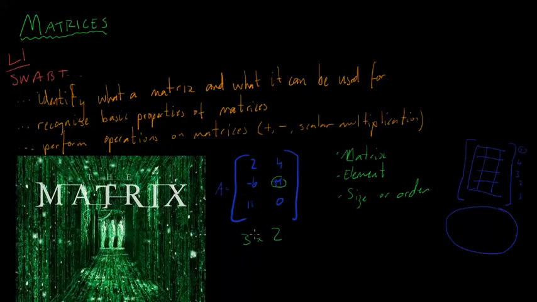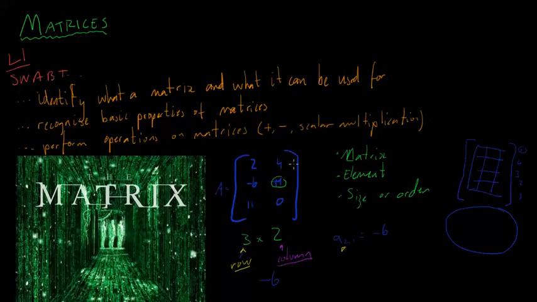So the other thing we've got to talk about is the position of each of the elements. As we've said before, when we're talking about the size, this guy here is the row, and then this guy here is the column. And so if we're talking about the position of an element, we can say that the element -6 is in the position A2,1, is equal to -6, and the reason we do that is because we know that 2 refers to which row it's in, and then 1 refers to which column it's in.